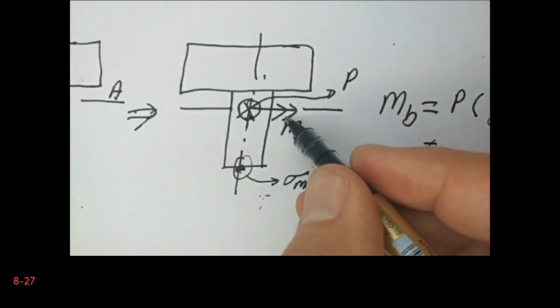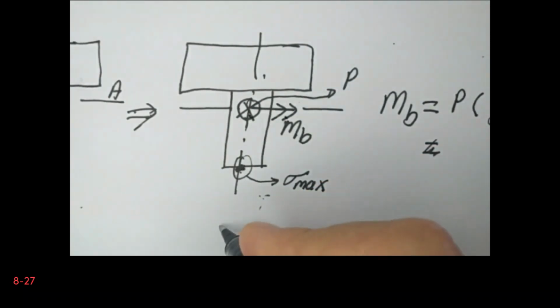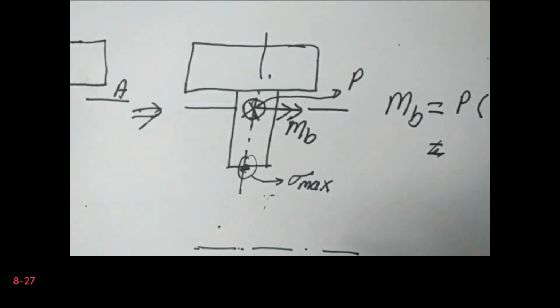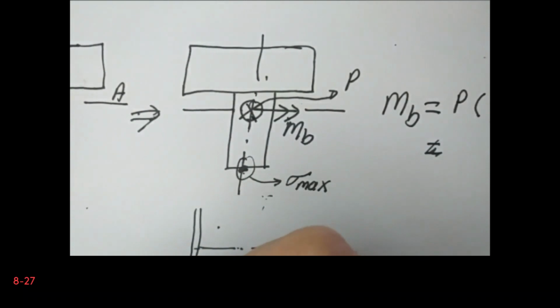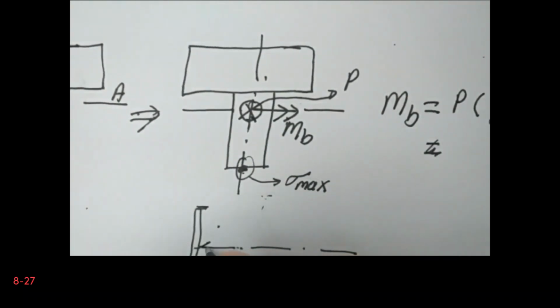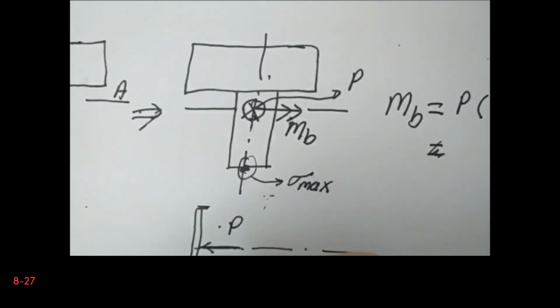Or let's draw it. So basically, if we look from the side, now we have this force P. In fact, this is the neutral axis, and then we have this bending moment.